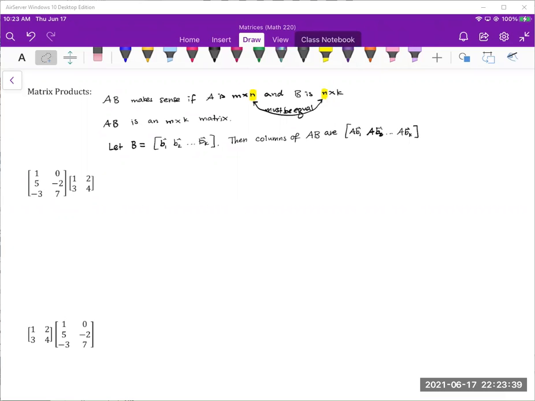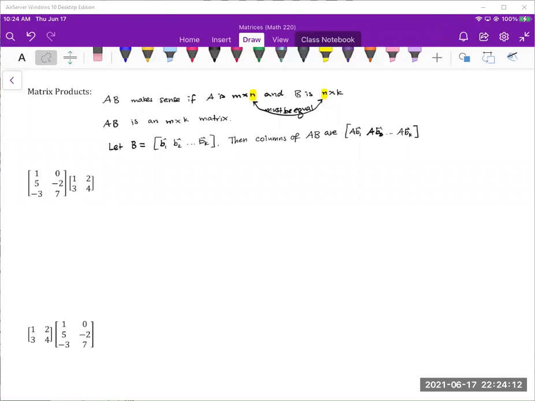So if this matrix on the right has k columns, we can call them B1, B2 through Bk. Then the matrix product is formed by taking the left matrix A multiplied by the first column of B, the left matrix A multiplied by the second column of B, and so on. So we calculate k different matrix vector products.